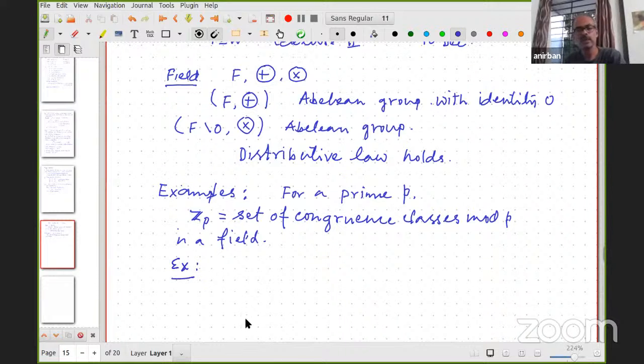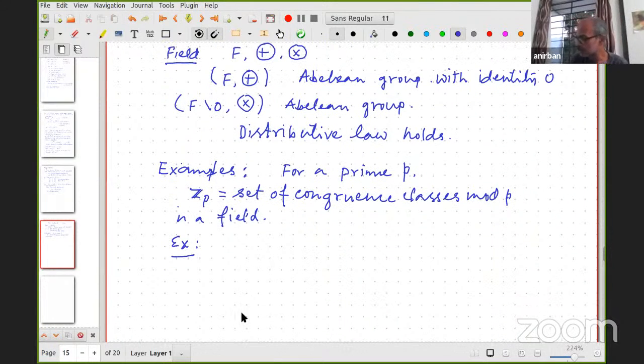So that's also a small exercise. So let me define something. So let F be a field.